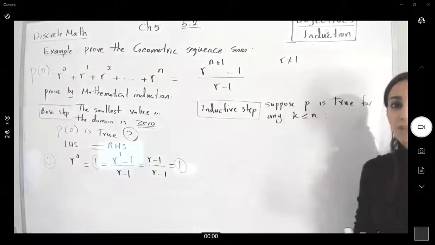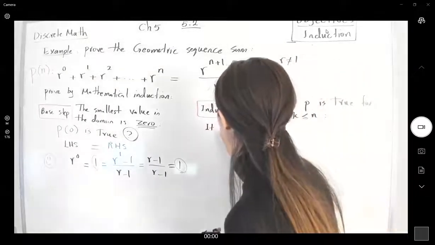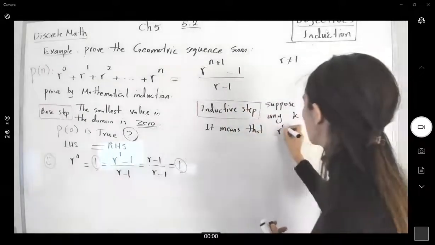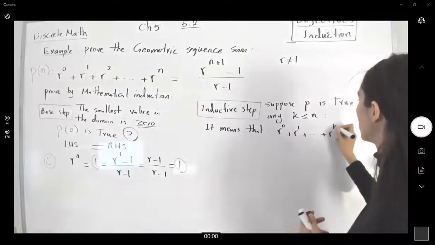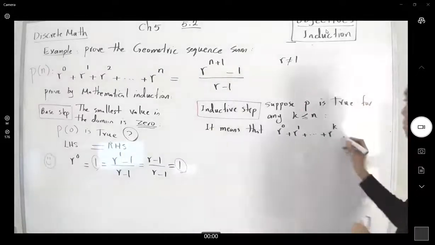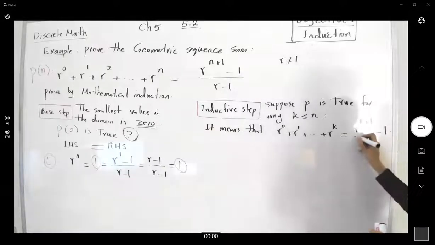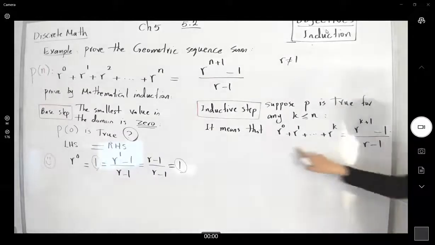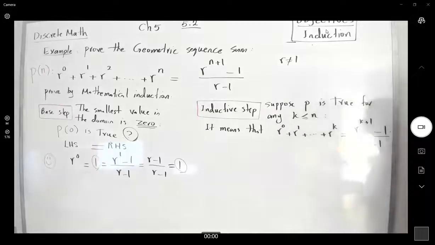What's the meaning of that? It means that r to the power 0 plus r to the first power plus dot dot dot plus r to the k power is equal to r to the k plus 1 minus 1 divided by r minus 1. This is true. We have this equality. Now we need to show that.